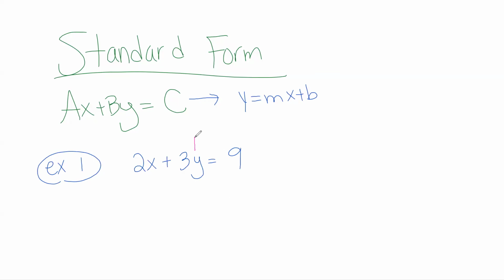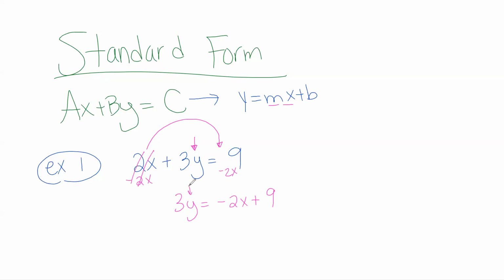The y is Cinderella, and she needs to be alone to get ready for the dance. You're going to move the x stuff over here, and x gets in the carriage first because look at the formula, mx. He needs to be first. So we're going to subtract 2x because that'll get it off. Subtract 2x. So we now have 3y equals negative 2x, and that 9 is just positive 9.